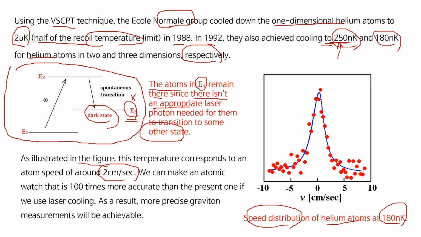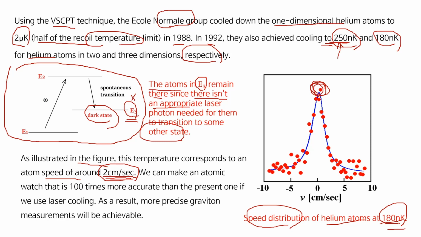This corresponds to the distribution of the speed of atoms. So this atom's speed corresponds to about 2 centimeters per second. Almost trapping, so no movement, slight movement, right? 2 centimeters per second movement. So that corresponds to the temperature of 180 nanokelvin.